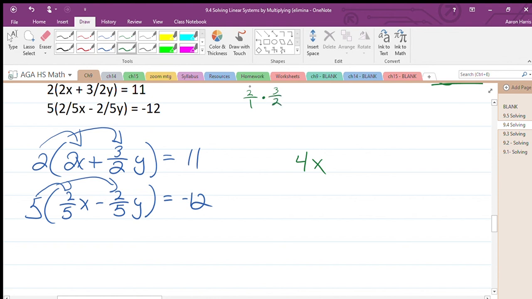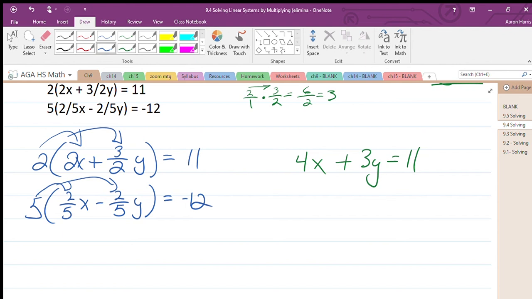How do we multiply fractions? Straight across. So I get 6 divided by 2, which is a plain 3. So I get plus 3y is equal to 11. Now imagine if we didn't simplify. We would have had fractions and everything else, but it already simplified itself, so there were no fractions.